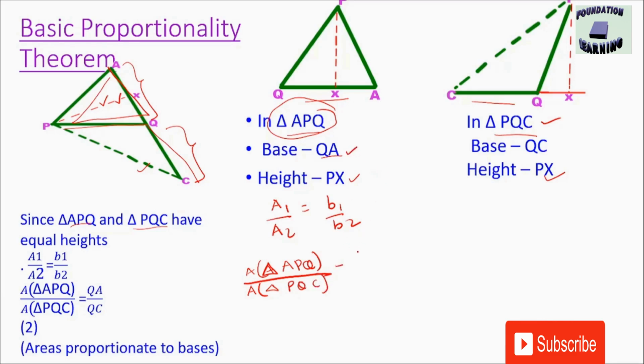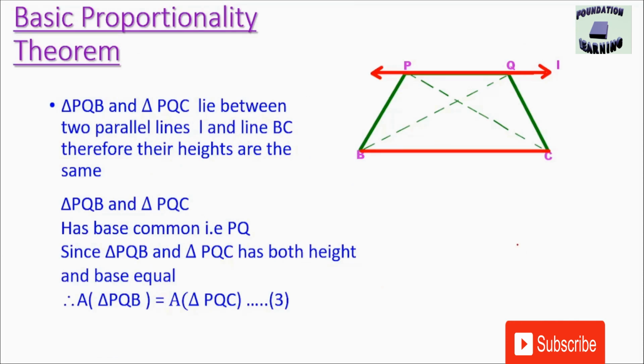And what is base 1? Base 1 is QA, upon base 2, which is QC. Okay, this is the second part of the proof.